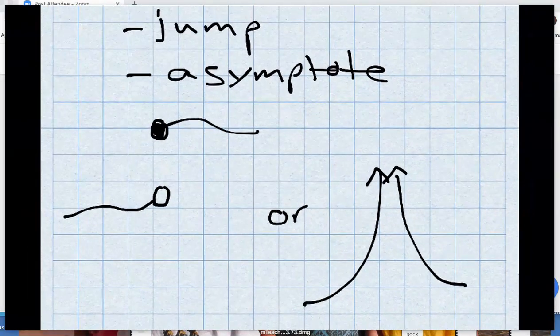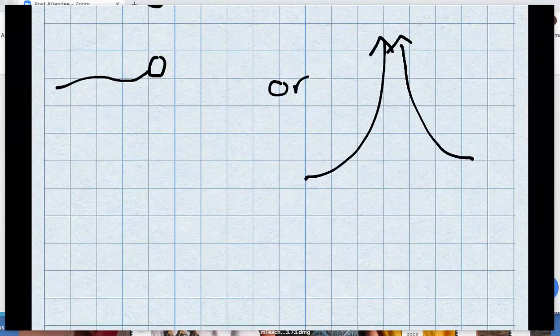All right. So the last thing we're going to talk about today is the intermediate value theorem. IVT is the abbreviation of it.